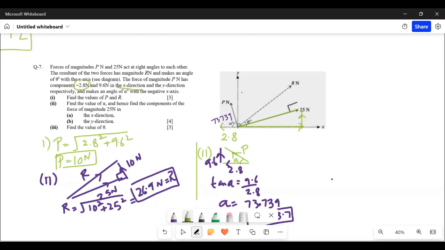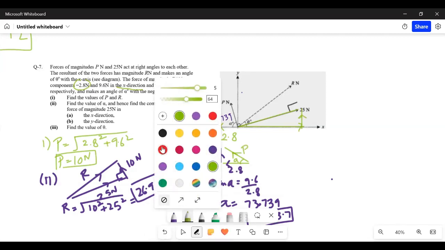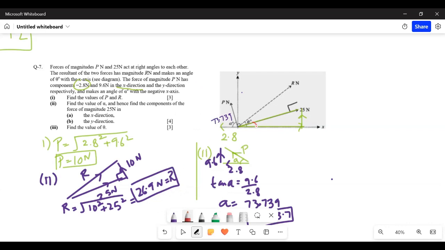Now the problem is we don't have this angle. I'm calling it x. If we find this angle out, then we can use 25 cos x and 25 sine x to get the horizontal component and the vertical component. But the question is, how do we find this x? We already know what alpha is, that is 73.739. Then there's a right angle over here.